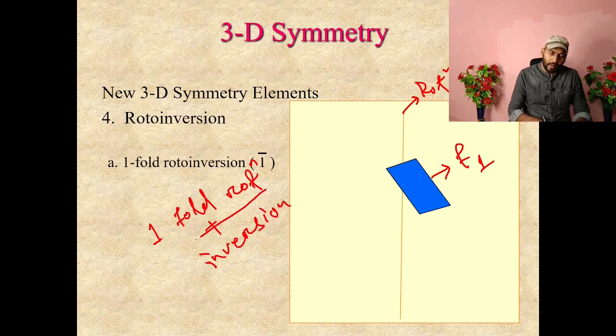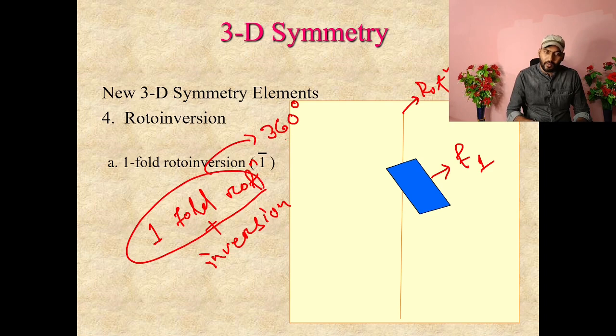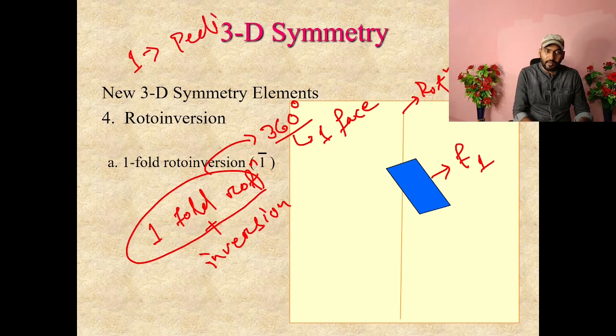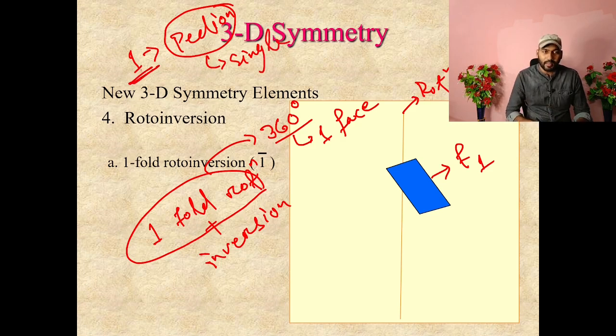What is the meaning of one fold rotation? It means in 360 degree we will have only one face. There is no symmetric face in 360 degree. Like in the first class we have studied, 1 represents the pedial class, or pedion. Pedion means single face, which is represented by the symbol 1.